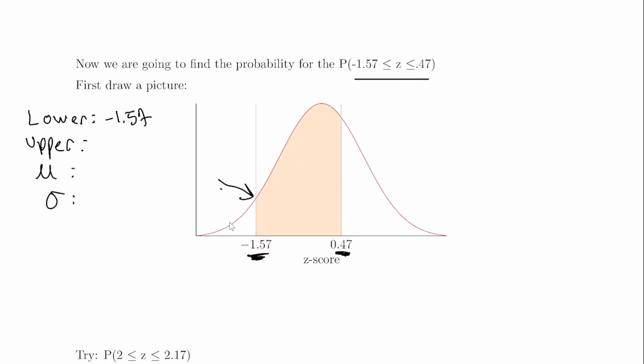But now if you look at the upper, you also have a cutoff of 0.47. Our mu is equal to 0. Our sigma is equal to 1. All right. Any questions so far? I got the lower bound to be negative 1.57. Upper is 0.47. Mu is 0. And sigma is 1.